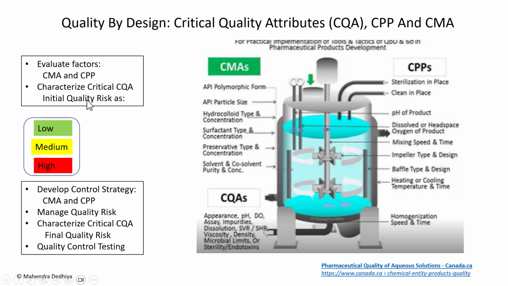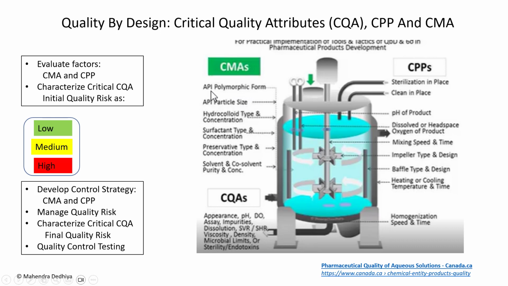We establish initial quality risk at the beginning of the product development. And then as we develop the product, we mitigate medium and high risks into low risks. That can be done many different ways, including quality control testing, resolving critical material attributes, or critical process parameters.